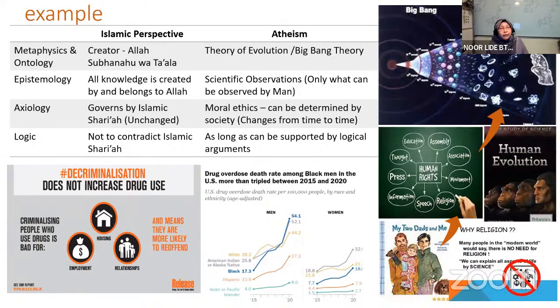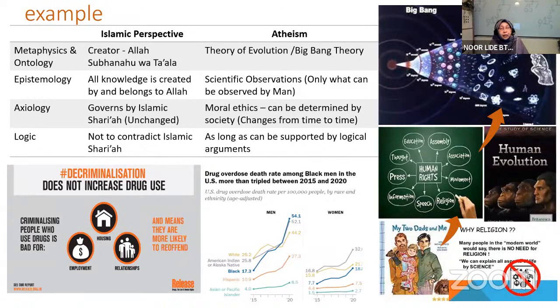Of course, our values are governed by our Islamic Sharia. It remains unchanged from time to time. But moral ethics from the Western perspective can change. It can be determined by society. It changes from time to time. For example, in the past, LGBT was not acceptable, but now LGBT is, same-sex marriage, and so on and so forth.